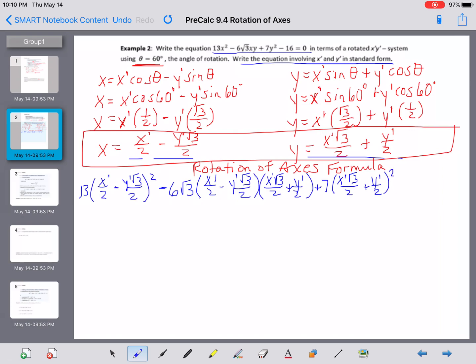Just to help me out right now, I'm going to move that 16 to the right side right away because it has nothing to do with all the rest of this beautiful algebra.